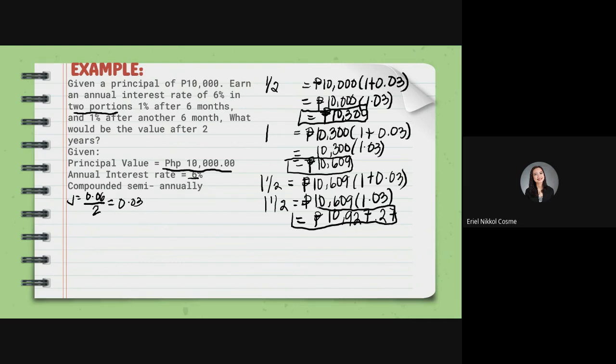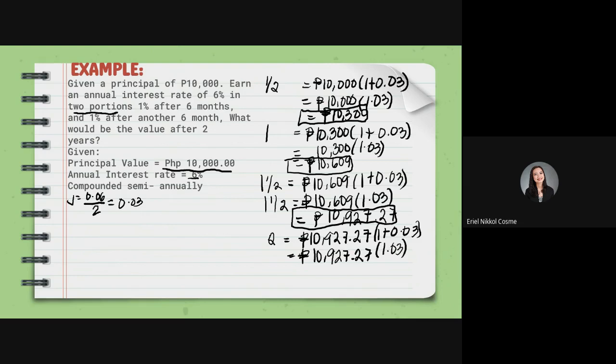How about the second year? After this one, you have 10,927.27 multiplying by 1 plus 0.03. You add 1 plus 0.03, you get 1.03.